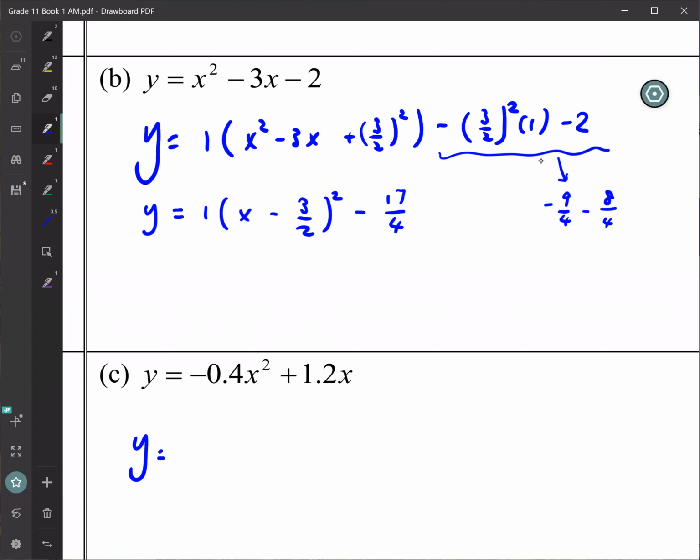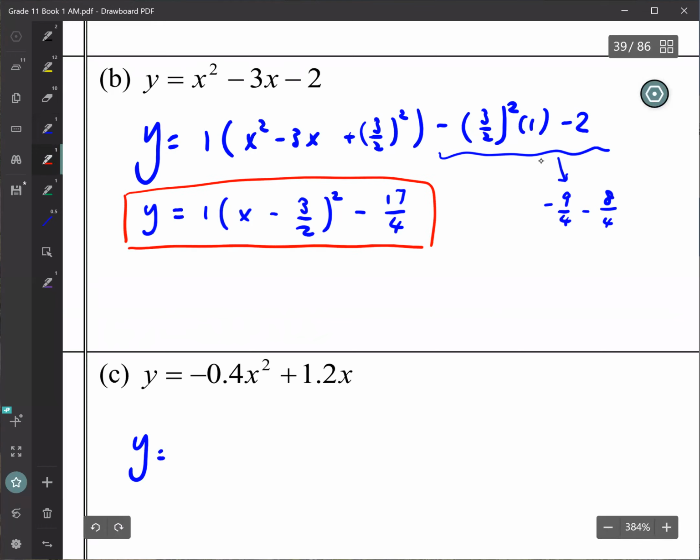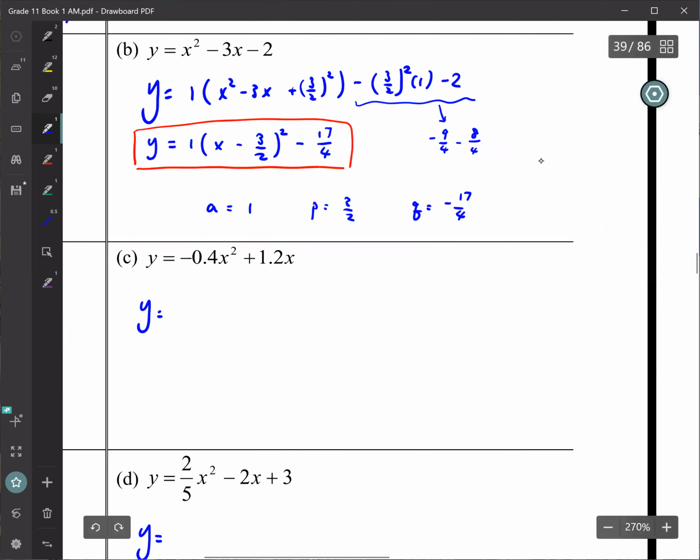Okay, anyone has questions about B, you can ask me now. Okay, and APQ. Yoshir, what's your APQ for this one? 1, 3 over 2 and negative 17 over 4. Okay, very good. Okay, you guys keep on going.